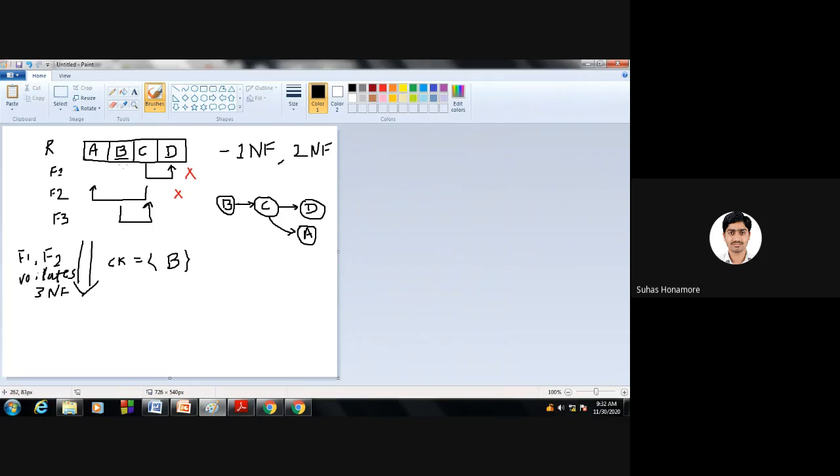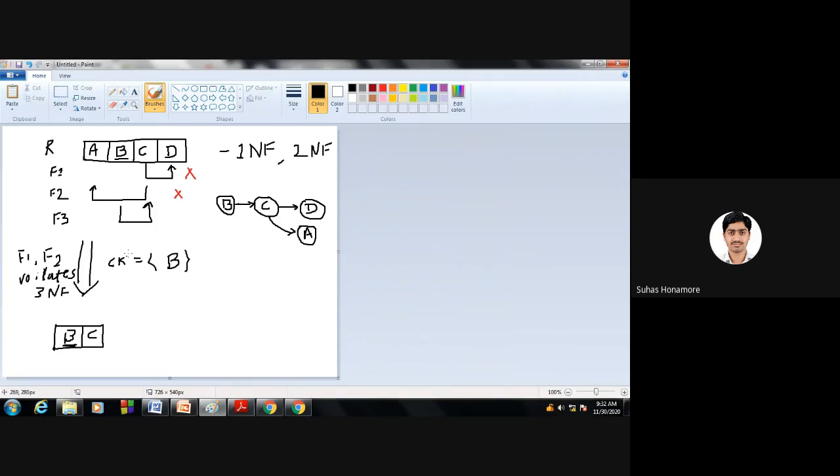First, FD3 is not violating, so we'll keep it as it is. FD3, that is B to C, we will keep it, and this is my primary key.